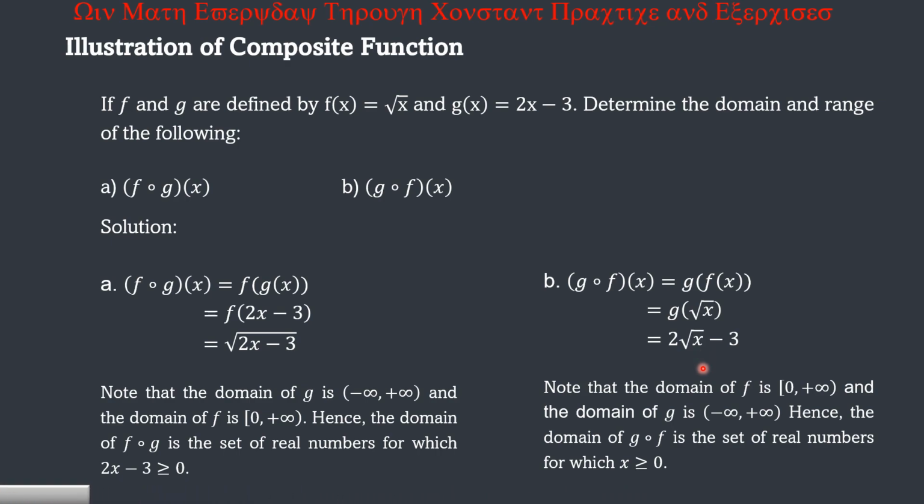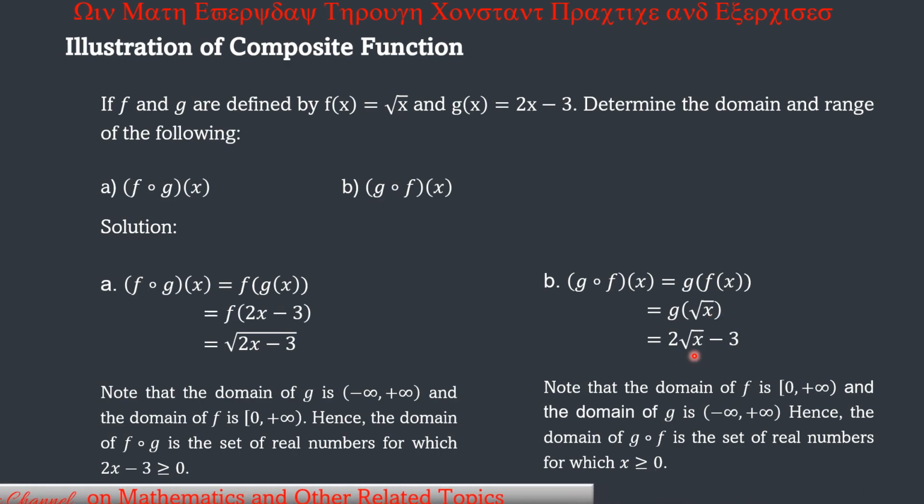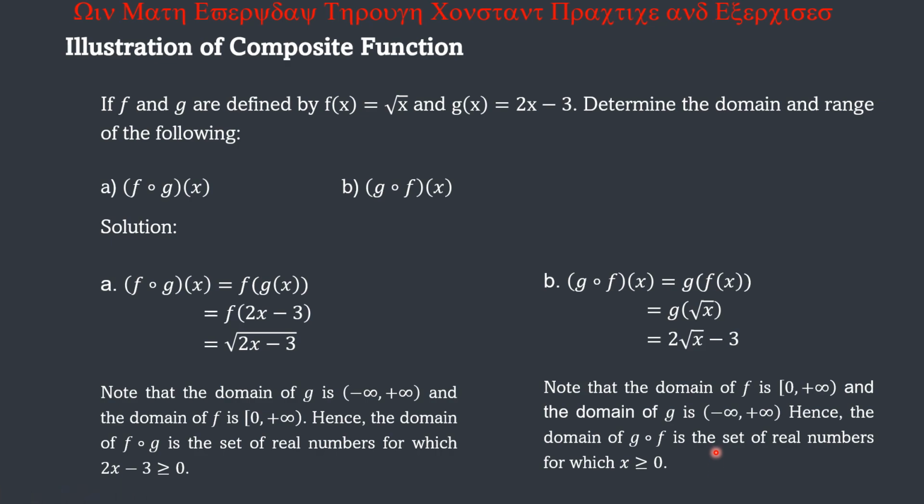So our domain here for function f is the set of real numbers greater than or equal to 0, and the domain of g is the set of real numbers. Hence, the domain of g circle f is the set of real numbers for which the x values are greater than or equal to 0.